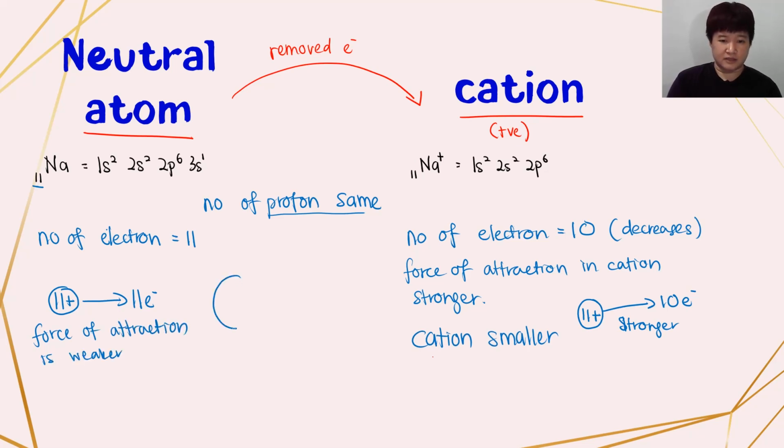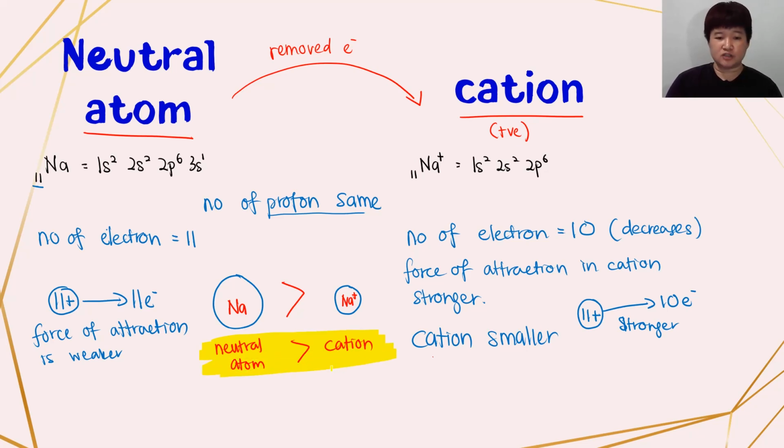So your neutral atom will be bigger and your cation will be smaller. That is your neutral atom. That is your cation. So the size of the neutral atom is bigger than the cation. As a conclusion, all neutral atoms will be bigger in size compared to their own cation, no matter what the charge of the cation is.